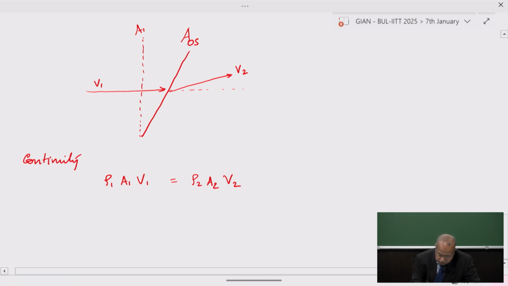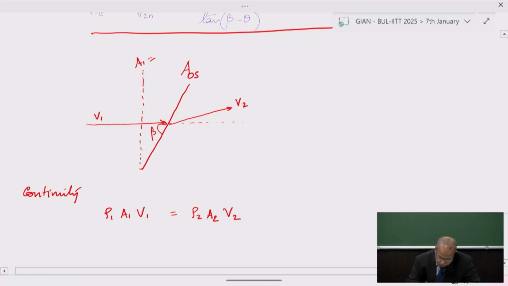This is making an angle beta to the flow, so A1 will be A oblique shock sine beta. I'm resolving it normal to the flow. So here I have rho 1 A of the oblique shock sine beta V1.